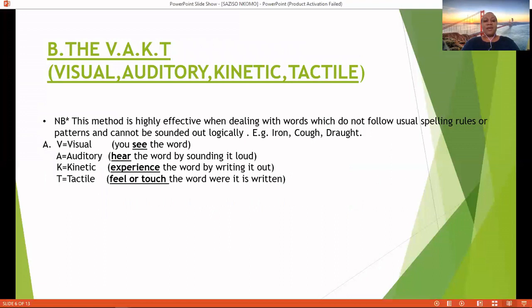Our next method is the VAKT, which stands for visual, auditory, kinetic, and tactile. I'm going to explain further what that means.